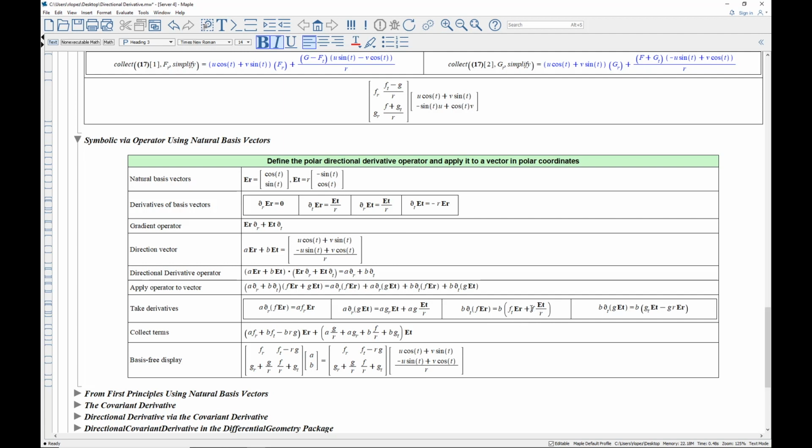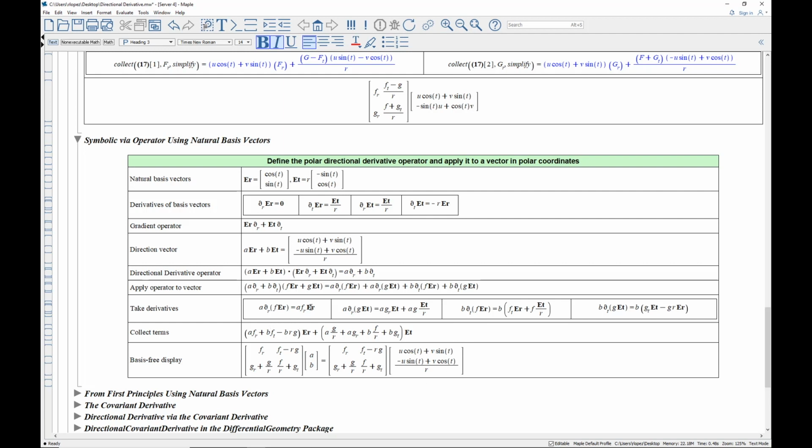So you get the undifferentiated f term there. Then you take the theta derivative of this product. There's a theta in g and there's a theta in e theta. So you get g differentiated with respect to theta, and then you differentiate e theta, you get minus r e_r, so you get an undifferentiated g. There are now 7 terms, not 6.